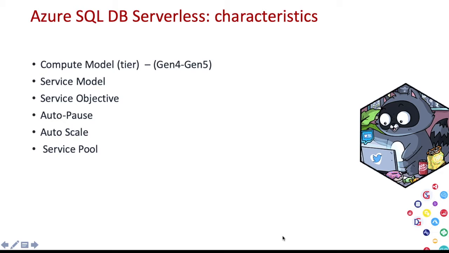So here are the characteristics that you need: a generation 4 compute model that we'll create, a service model, a service objective, auto pause, auto scale, and a service pool. This is what you have to identify as characteristics when you are creating a serverless SQL Server.